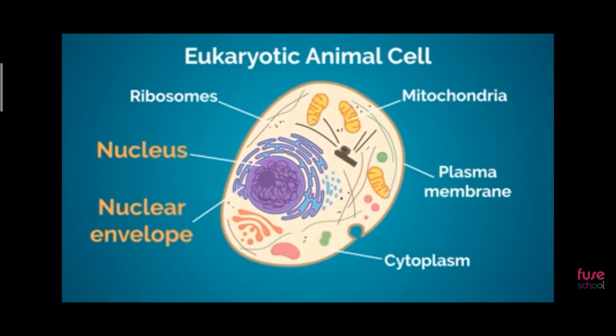Here, the genetic material is enclosed by a nuclear membrane, giving a perfect nucleus. Not only that, membrane-bound cell organelles are present, and the nucleus will contain more than one chromosome.